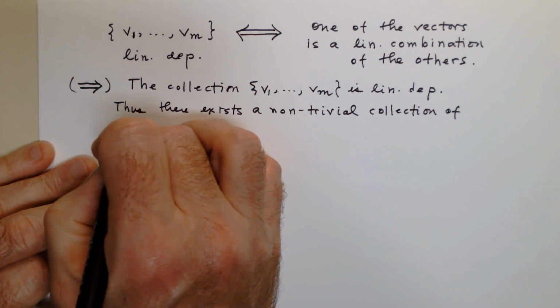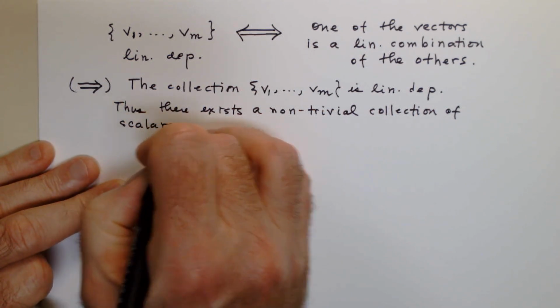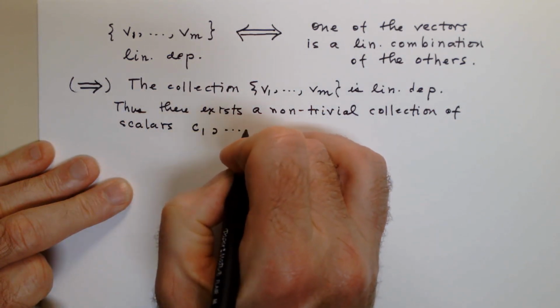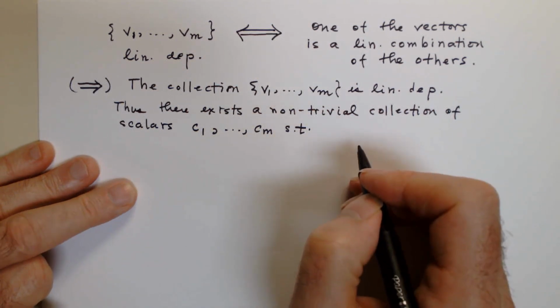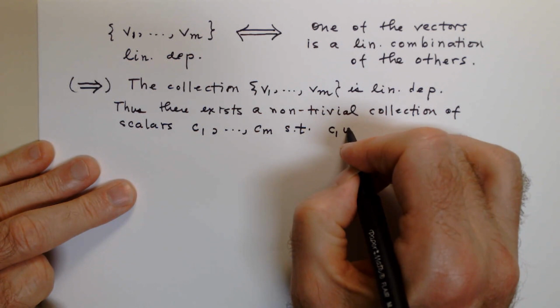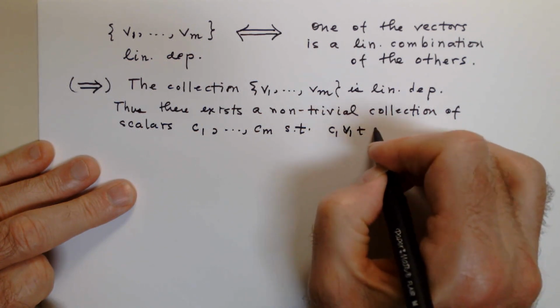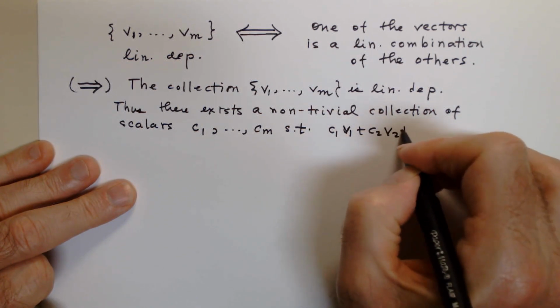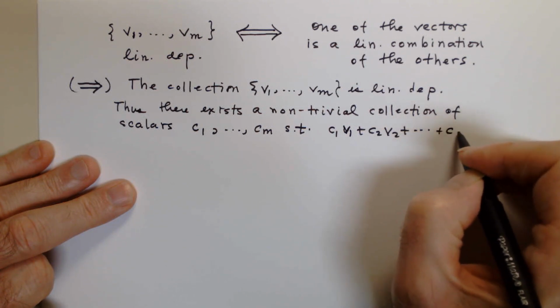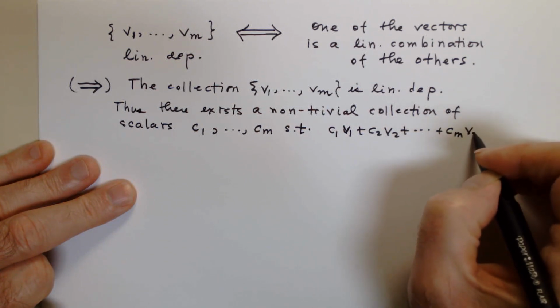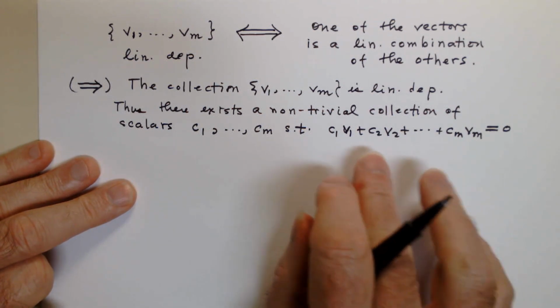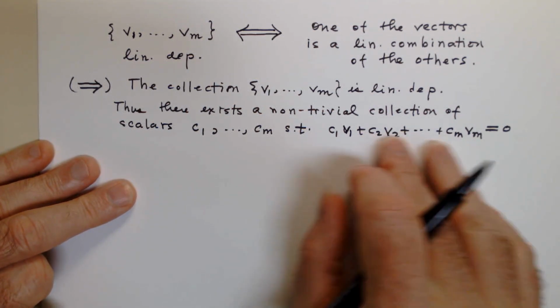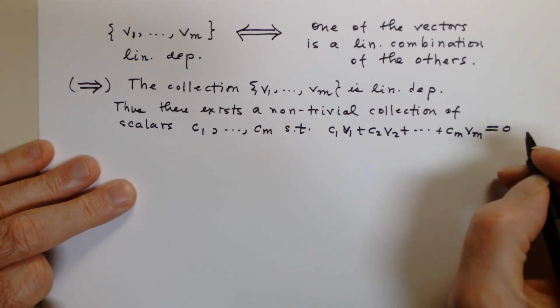We'll call them scalars, C1 up through Cm, such that that linear combination of these vectors with these scalars is equal to the zero vector.